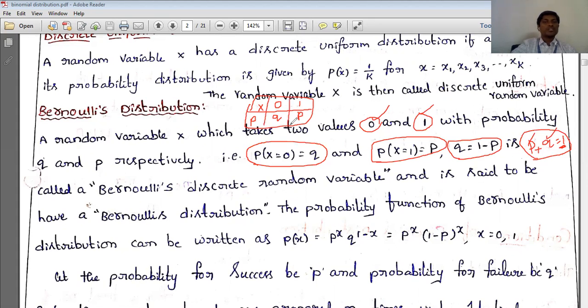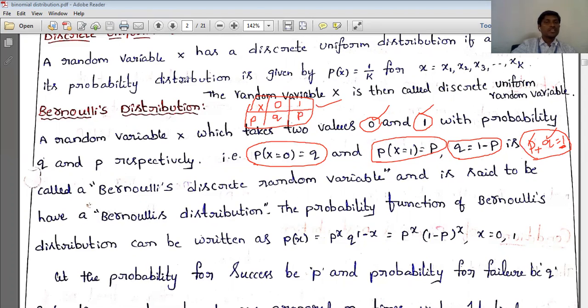A discrete probability distribution has two properties. Probabilities must be greater than or equal to 0. Another one is that the sum of all the probabilities is equal to 1. Here the sum of the probabilities q and p is p plus q is equal to 1. Okay, it satisfies, because this is a discrete probability distribution.